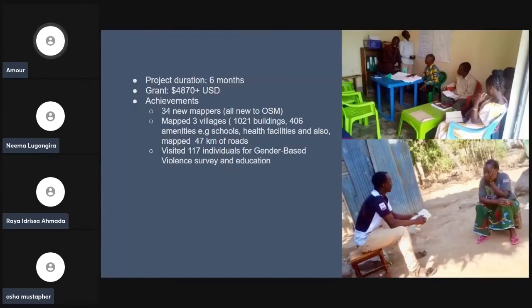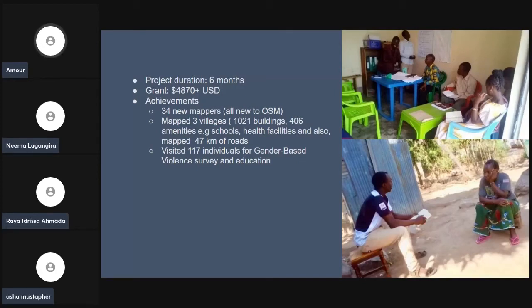Their project as well is for 6 months, and they received more than 4,870 USD. Right now they are in the mid-term of their work. So up to now, they've already recruited new mappers, as you've seen on the screen.